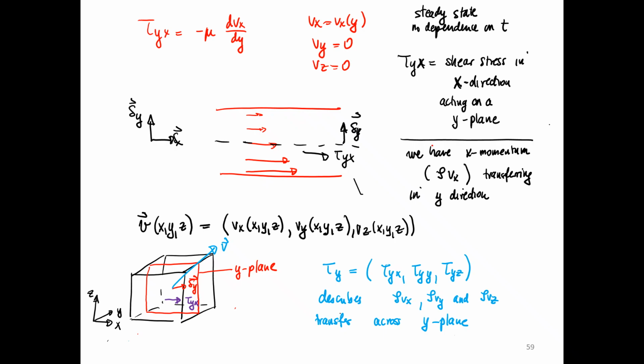Okay? And the action of the fluid is on this side, then that tau yx is positive like this. Okay? That's a convention. And then what is the direction of tau yz? Up, which is z direction.